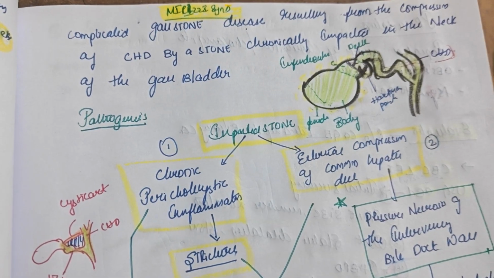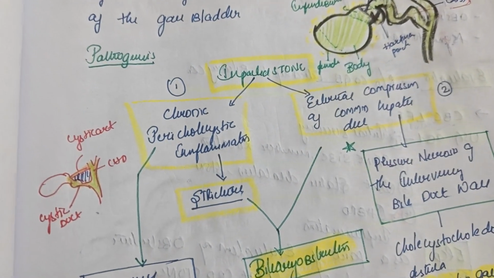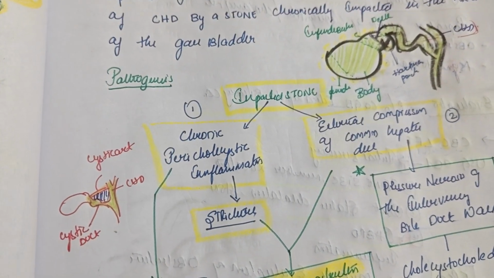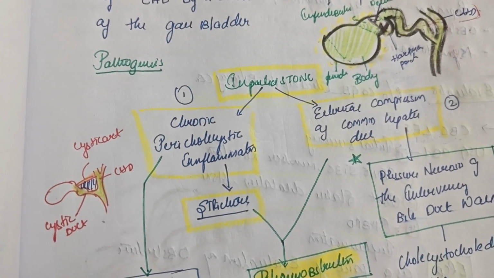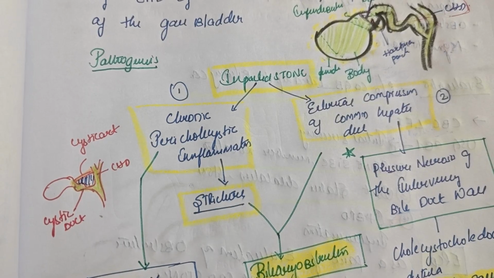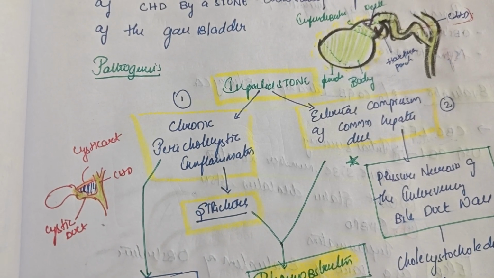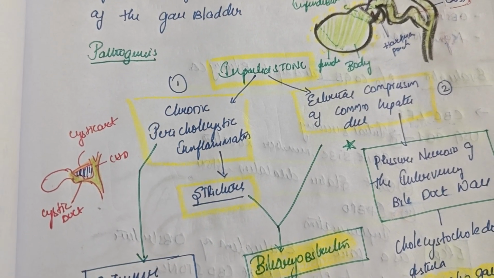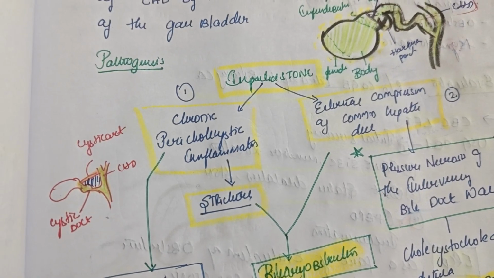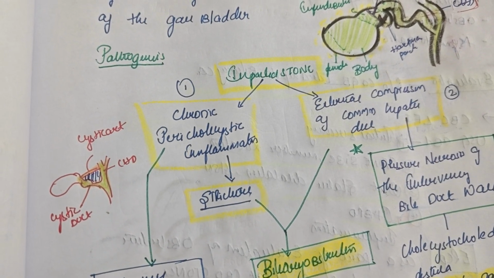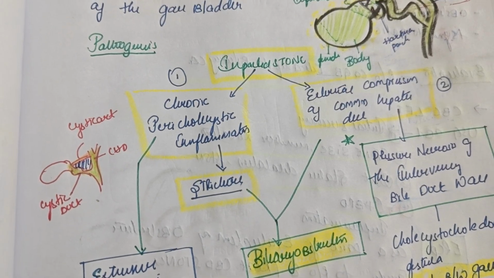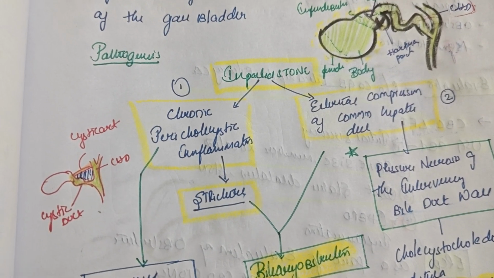Now let us look into the pathogenesis, how it acts and how it presents. In the pathogenesis, you have something known as an impacted stone. The stone present in Hartmann's pouch, what can it complicate? You can have chronic pericholecystic inflammation, or an external compression of the common hepatic duct.